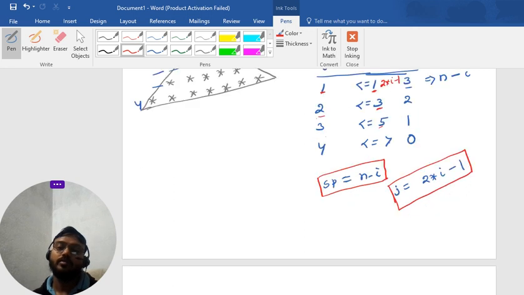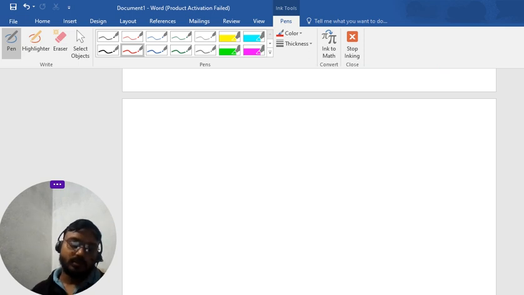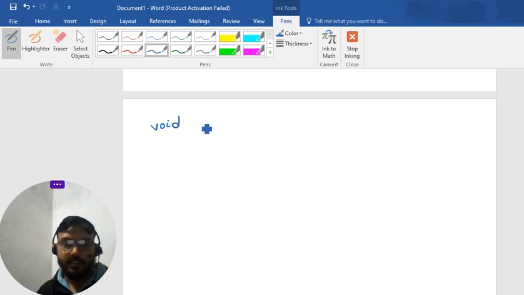So now we are good to go, right? I have the relationship between the things. Today I'm going to write only the loop section. Let me write two different functions. The function is void print upper half of diamond.